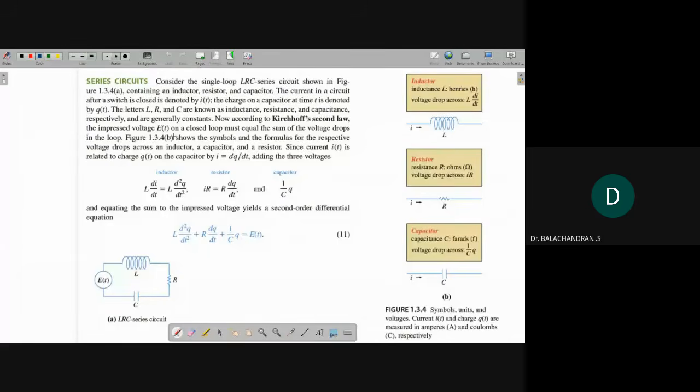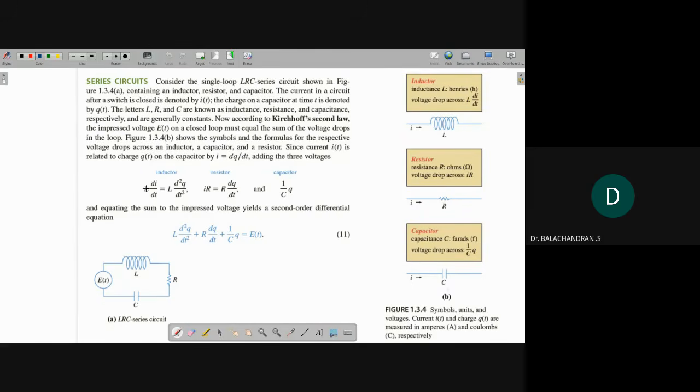Figure 1.34b shows the symbols and formulas for the respective voltage drops. The voltage drop across the inductance is L into di by dt, across the resistance is I into R, and across the capacitance is Q by C.